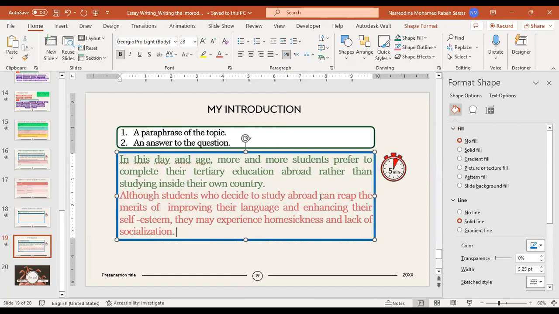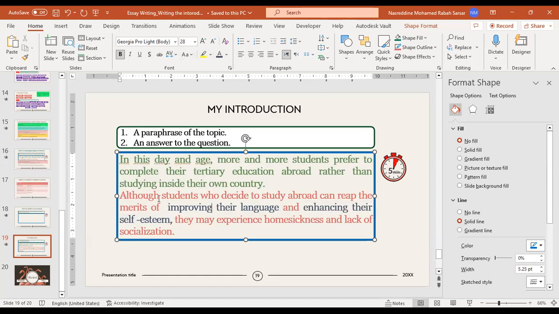All those who decide to study abroad can reap the merits of what? Here I'm going to talk about, for example, improving language if you're studying English or whatever, and enhancing your self-esteem. By learning how to depend on yourself, your self-esteem will go higher.